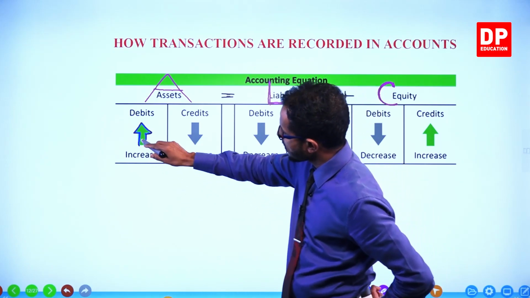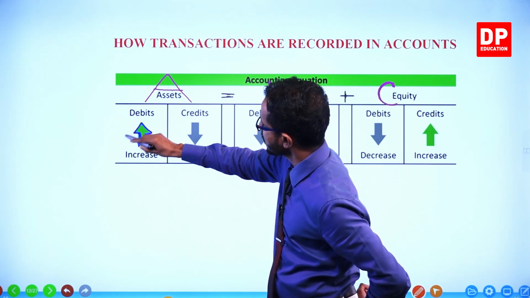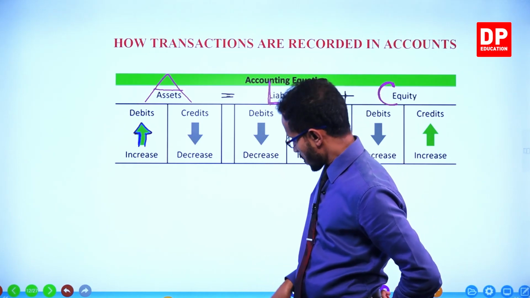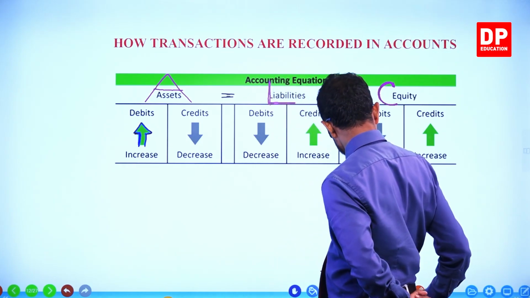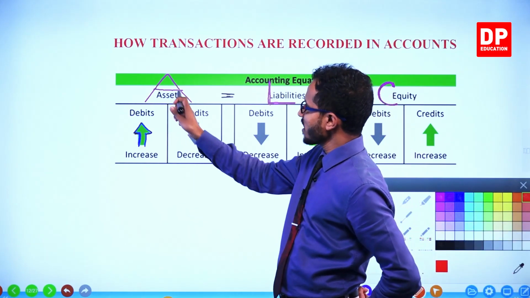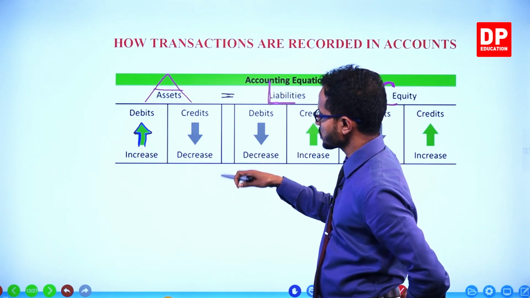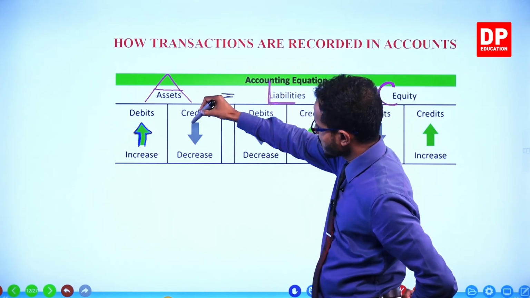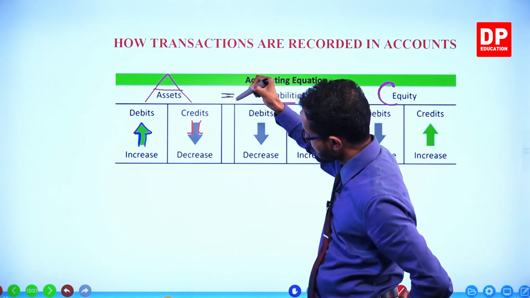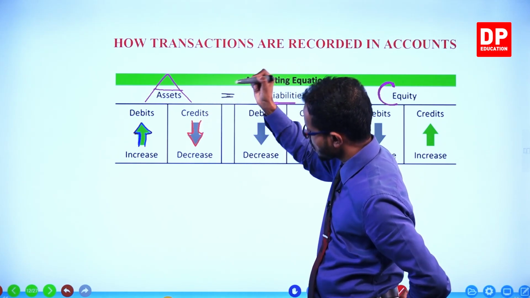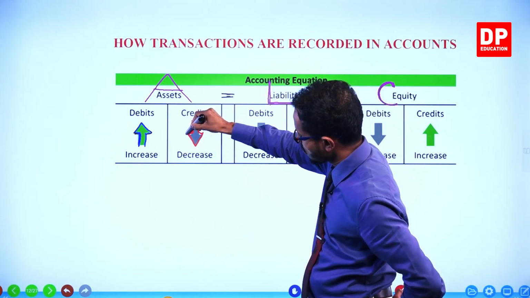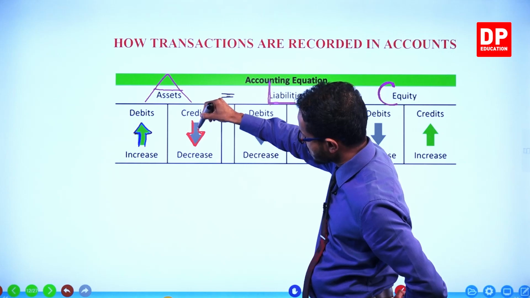Next, under assets, I have decreasings. Asset decreasings are credits always. Always assets decreasings are credits.